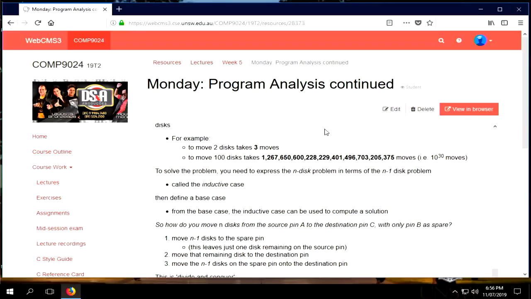I can move that to pin 3. And then I've got to get all those n-1 onto the n disk. Those are the three actions, just like when I only had 2 disks. n-1 from 1 to 2. 1 from 1 to 3. n-1 from 2 to 3. Simple.